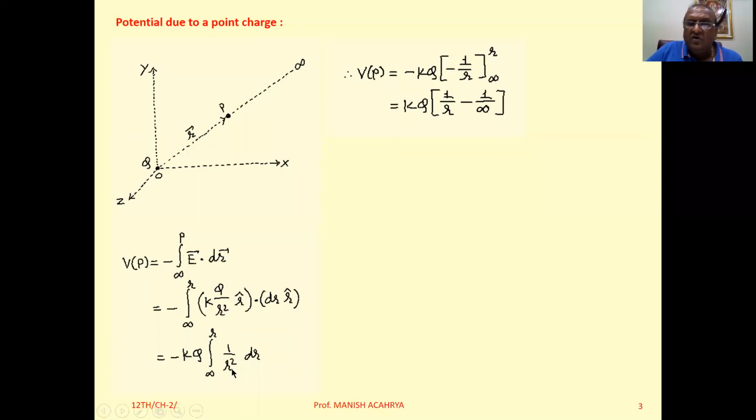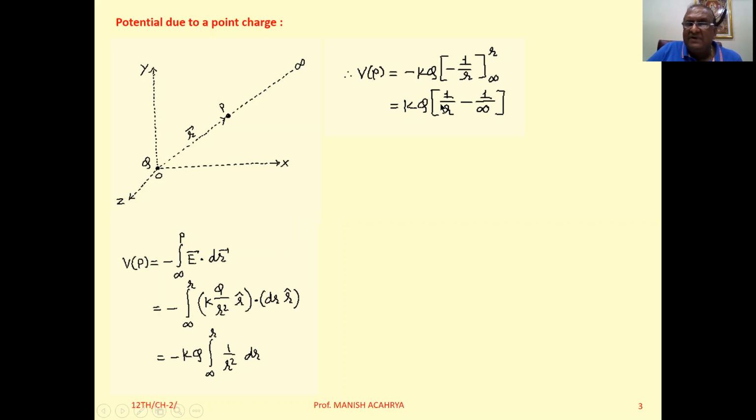So the integration of 1 upon r square is minus 1 upon r. So V, the potential at point P, equals minus kq into minus 1 upon r, and the limits are infinity to r.